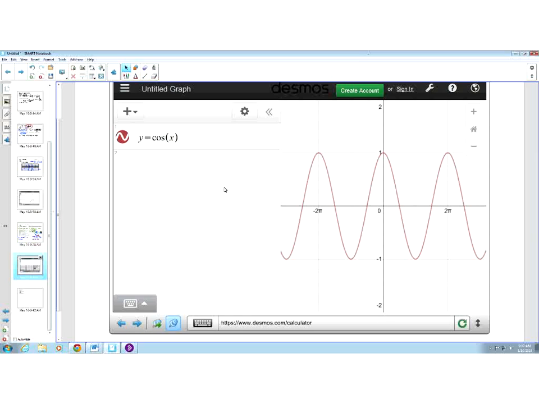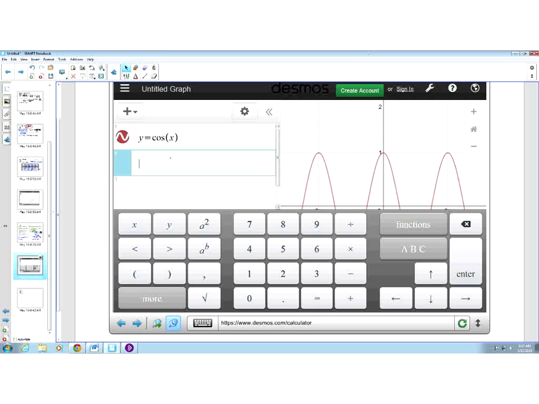Now, what would happen if we were to vertically stretch this graph? I'm sorry, not stretch, but how about we'll start off with something less complicated. Let's say we have a vertical shift. So a vertical shift would, of course, occur when we add a number to the output.